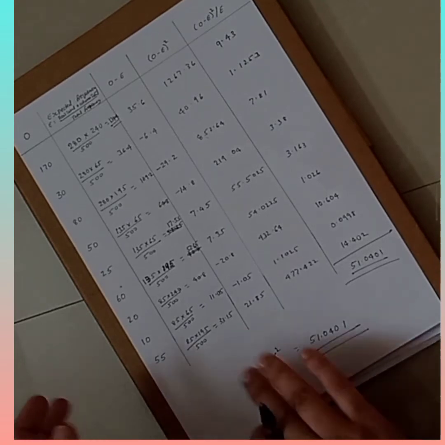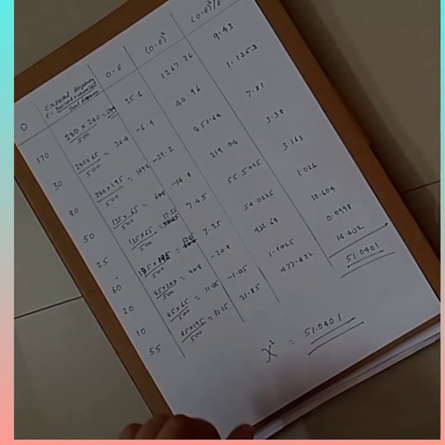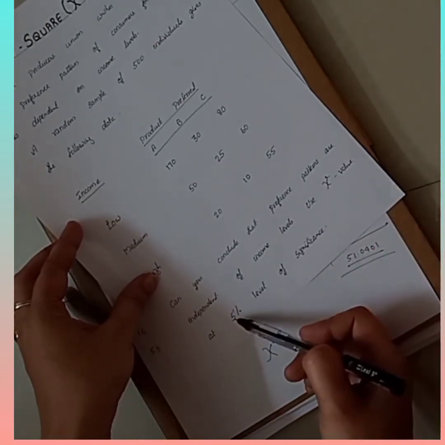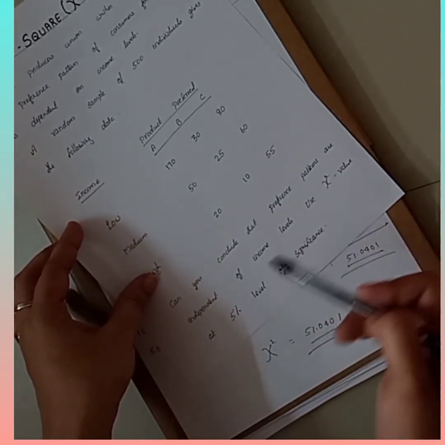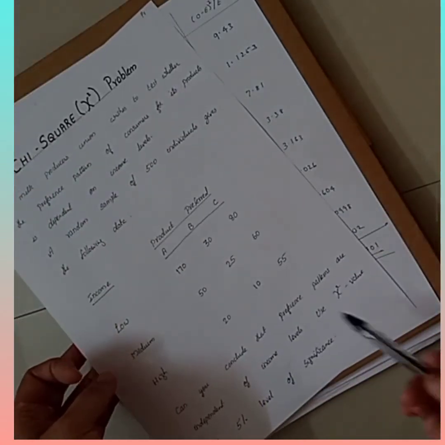Fine. So once we have the chi-squared value, what is the next step? The next step is to find the tabular value. In the question, it is given that you have to find the chi-squared value at 5% level of significance, and we calculated the degree of freedom as 4, correct?